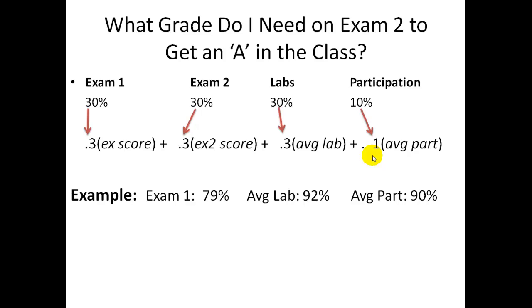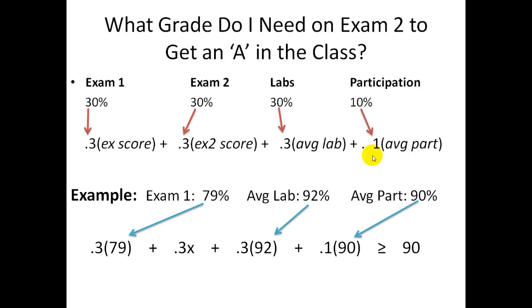Here's an example. Let's say that you have 79% on exam 1, your average lab score is 92%, and your average participation is 90%. You're going to plug these numbers in to that formula, and it will look like this: 0.3 times 79 plus 0.3x, since we don't know what your exam 2 score is yet, plus 0.3 times 92 plus 0.1 times 90.